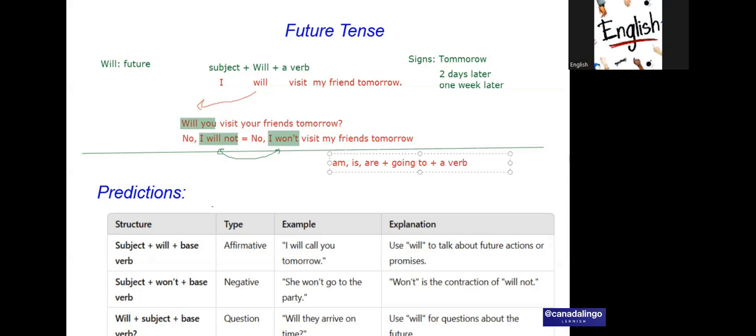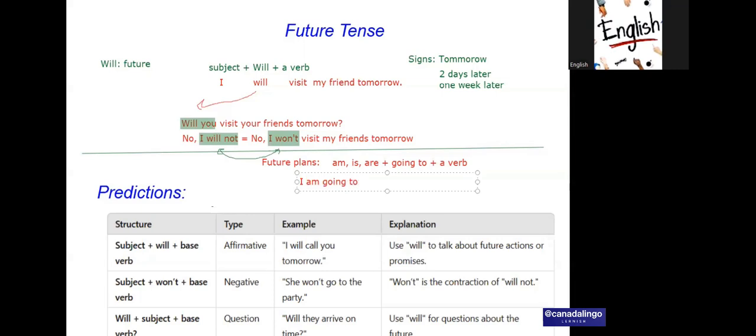So this is the formula whenever we have plans for future. We use this formula. So imagine we're going to use am. The subject should be I, right? I am going to, then a verb.